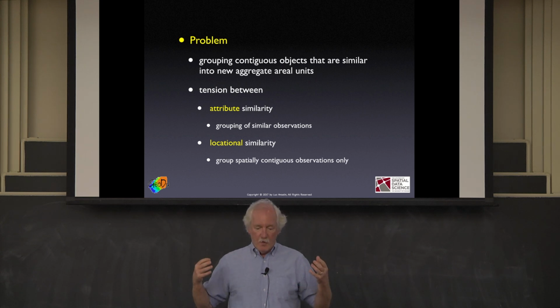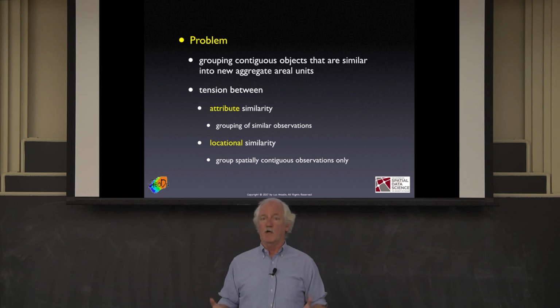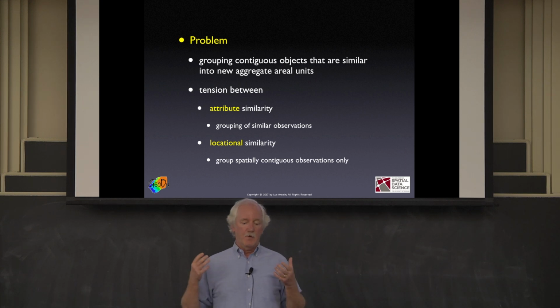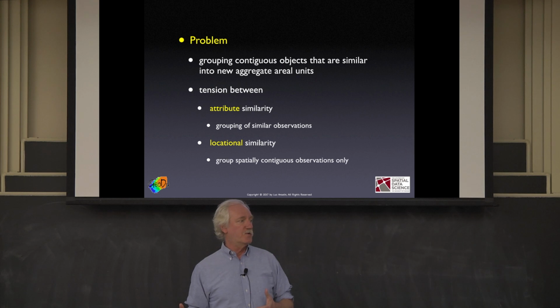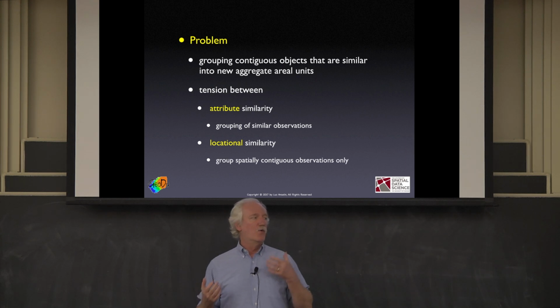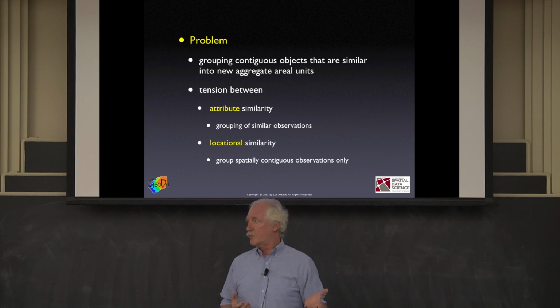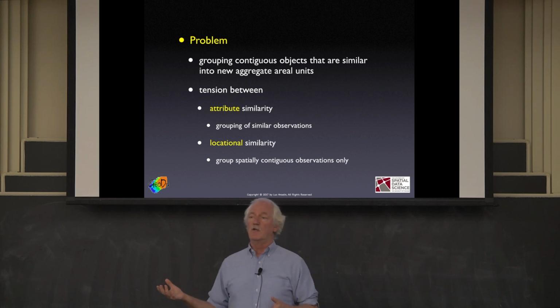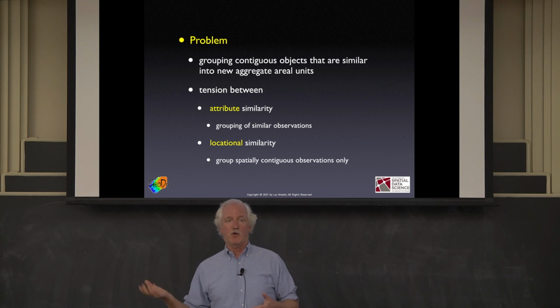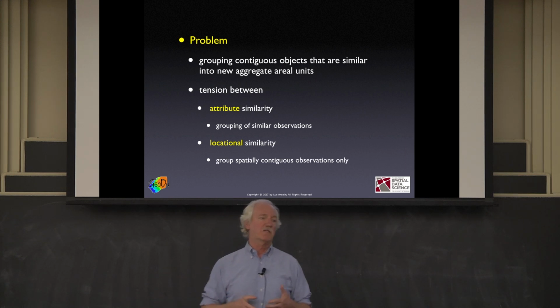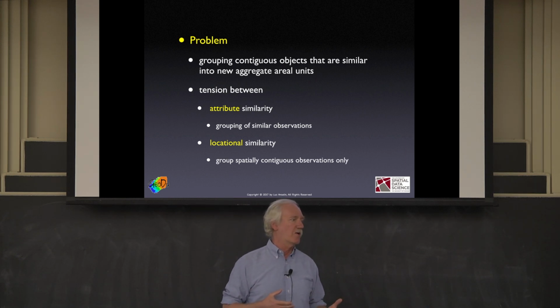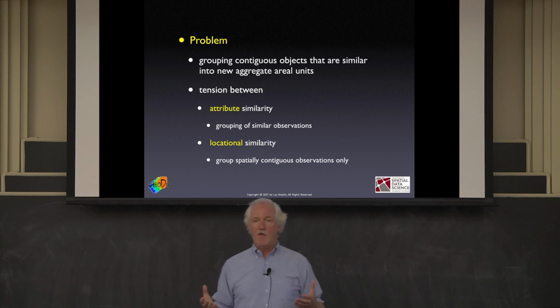And so that is a tension in the sense that you can't have it both ways. In that the best solution in terms of attribute similarity will typically not satisfy your locational constraint. And the best solution in geographic terms will typically not satisfy your attribute similarity constraint. So you cannot have it both ways.